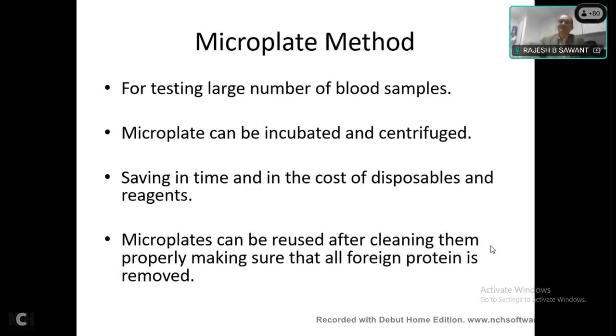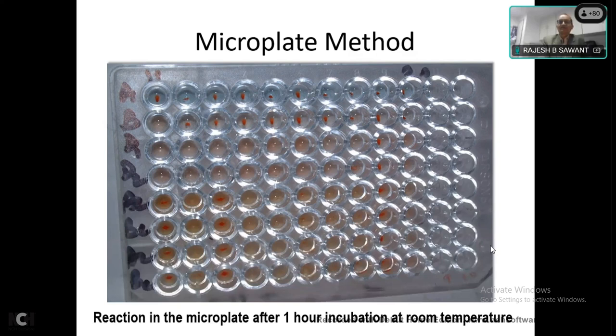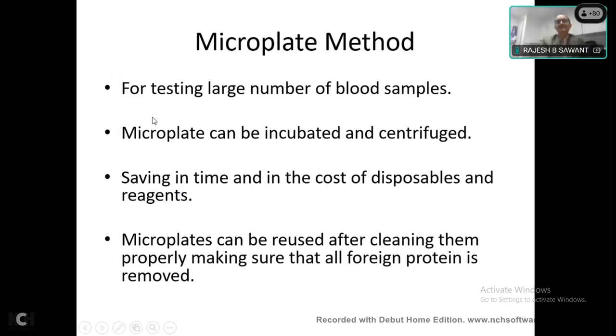So microplate method. So you can see that microplate is something like this. You know, all of us are aware of this particular configuration of the microplate. So it is used for testing batch of blood samples, large number of blood samples. It can be easily incubated, centrifuged, etc. And therefore, there is a lot of saving in time and cost of the disposables and reagents.